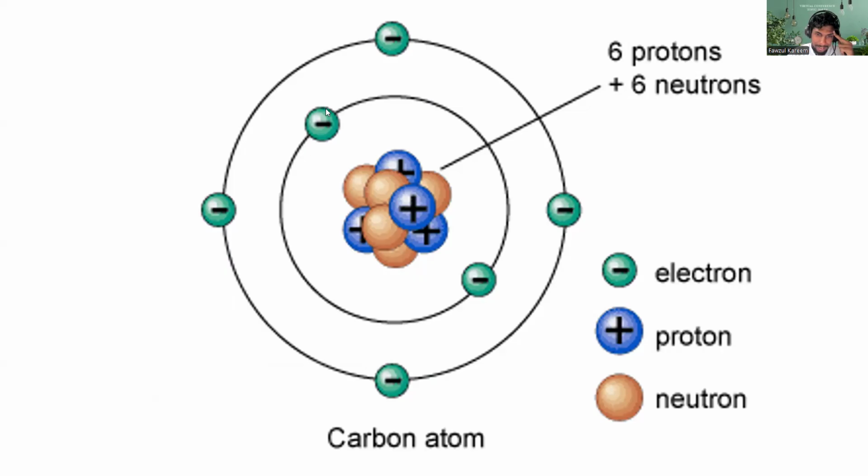The electrons, represented in green color, are negatively charged, and they revolve around the nucleus. Very good.